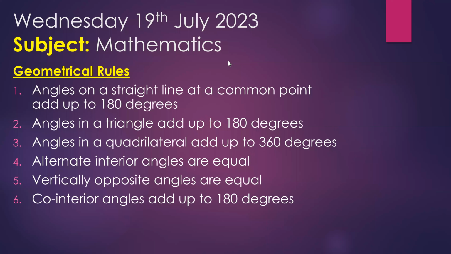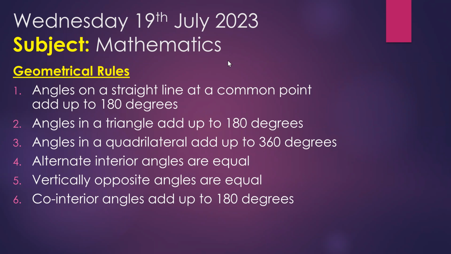Matthew, can you read the 6 rules for me, please? Good afternoon, Mr. Petit. Matthew is just finishing up, so if you want me to read, I could. Okay, go ahead. 1. Angles on a straight line at a common point add up to 180 degrees.